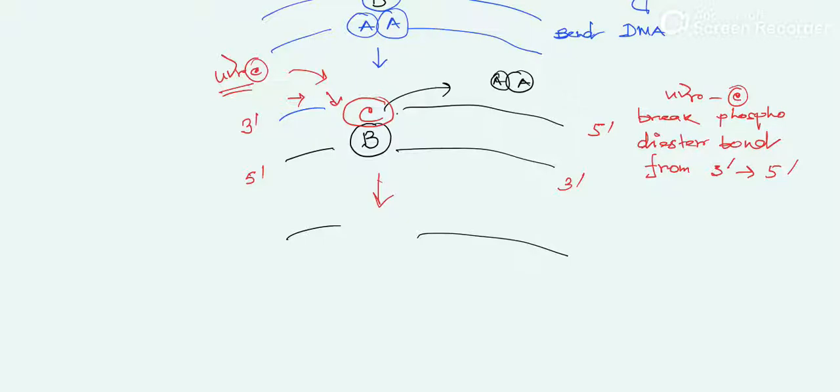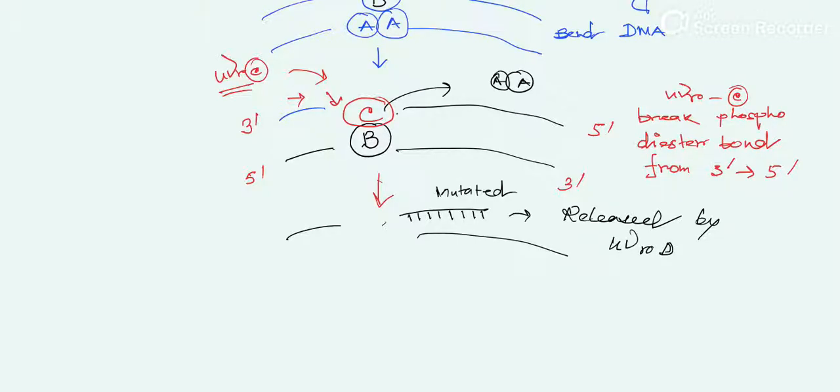Now the UVRD gene product, DNA helicase 2, in the next step, suppose they have formed this mutated part, and this mutated part is released by UVRD, DNA helicase 2.